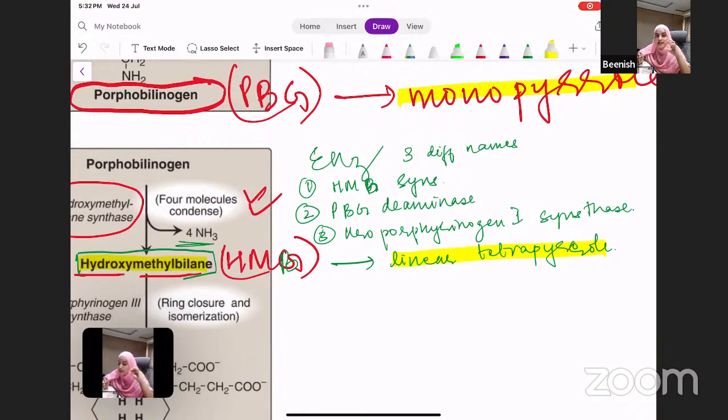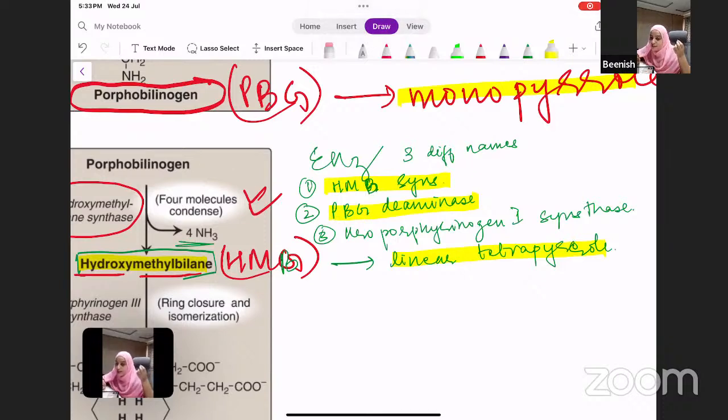The enzyme involved is known by three different names. It is known as HMB synthase because HMB is being synthesized, and PBG deaminase because, as you can see, four molecules of ammonia are also being released.